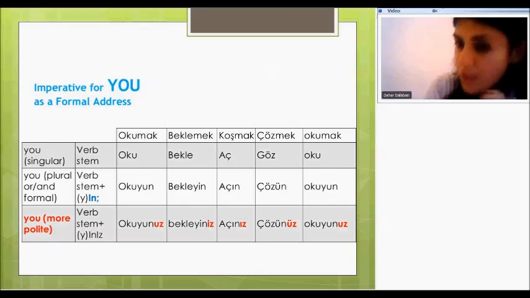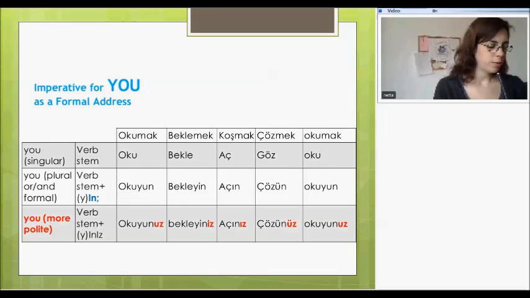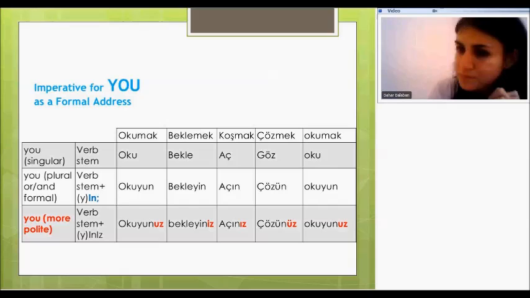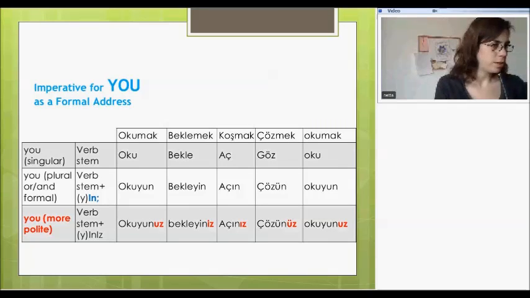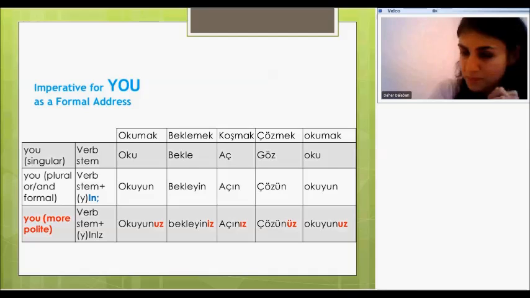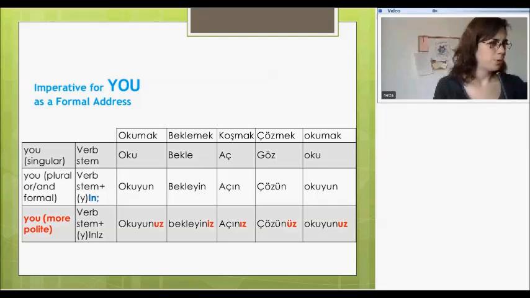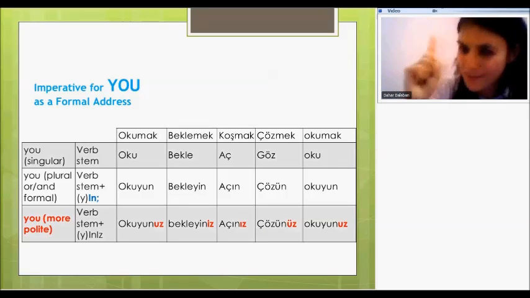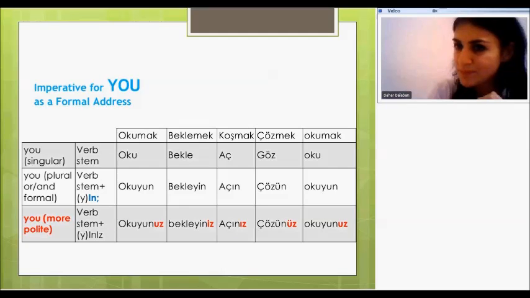Mektup. So, if I want to say, please read the letter, like you will read the letter, it will be lütfen mektup oku. Well done. That would be for the singular you. How about the plural you? Lütfen mektup okusin.